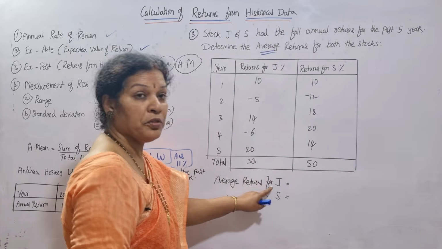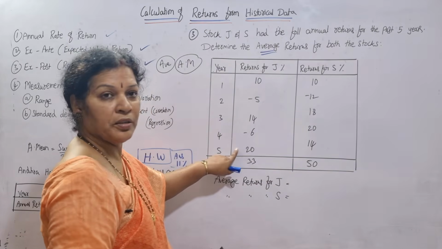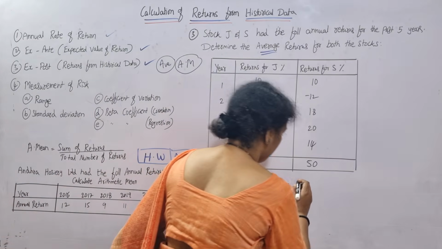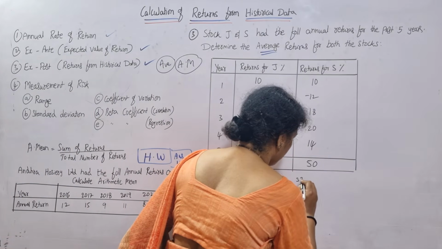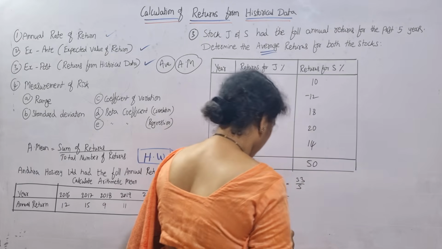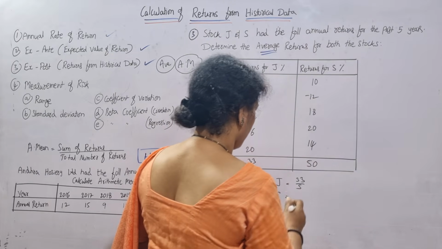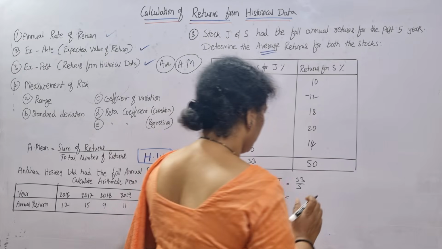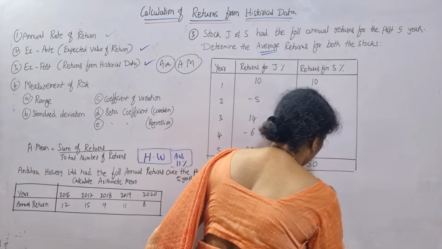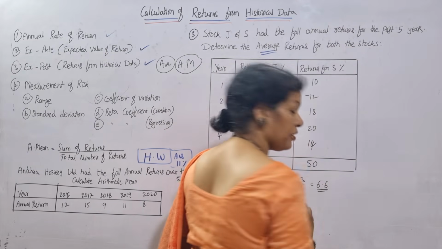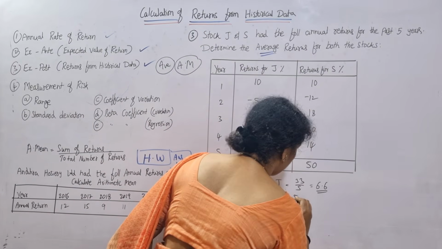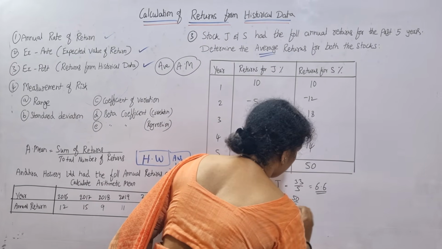Now average returns for stock J means 33 divided by 5, this is 6.6. Average returns are 6.6. In the same way for S, total is 50. 50 divided by 5 comes to 10.